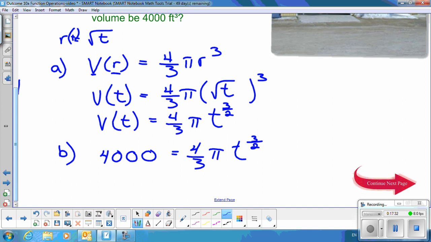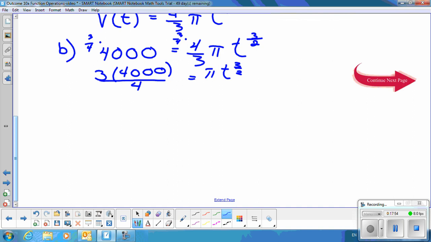So we are going to multiply both sides by 3/4 to get rid of the fraction. When we do that, we end up with 3 times 4,000 all over 4 equals pi t to the power of 3/2.